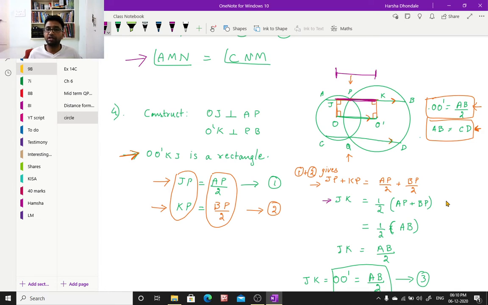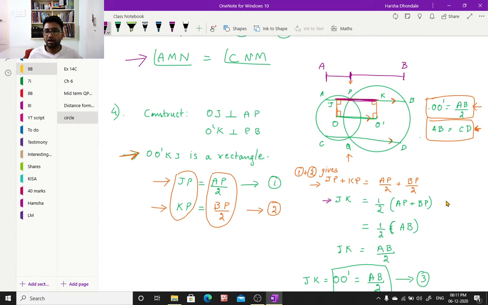And what is AP plus BP? AP plus BP gives the entire line AB.